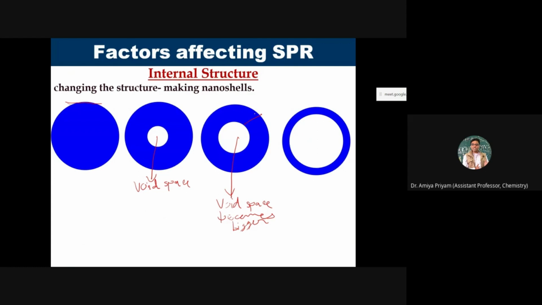So this is the shell thickness that we can define. This is a thinner shell, and this is a thicker shell.